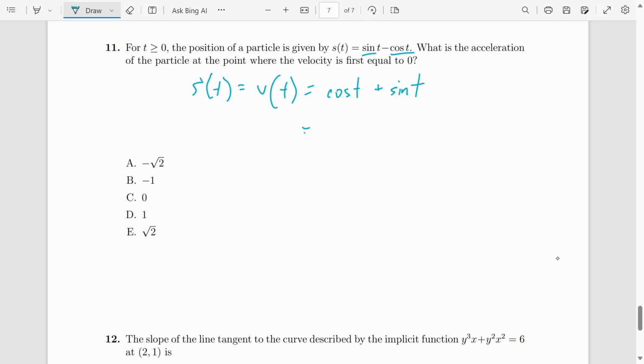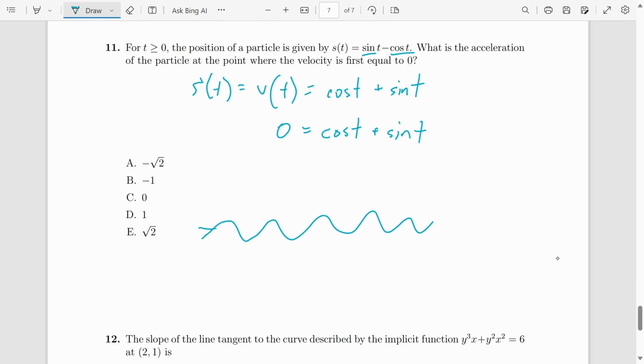What we can do is set that equal to 0, cosine t plus sine t, and solve for t. And then that'll be the time that we need to find the acceleration at. Unfortunately for us, due to the nature of trig functions, this is probably going to have an infinite number of solutions, since you know how sine waves and cosine waves look.